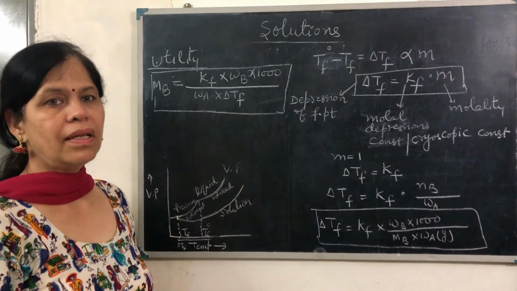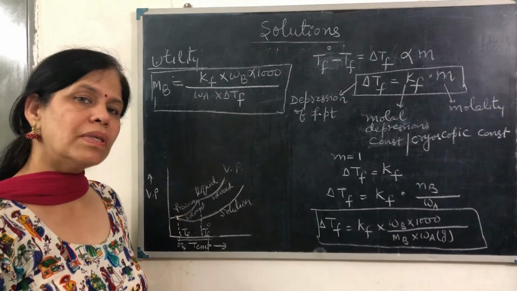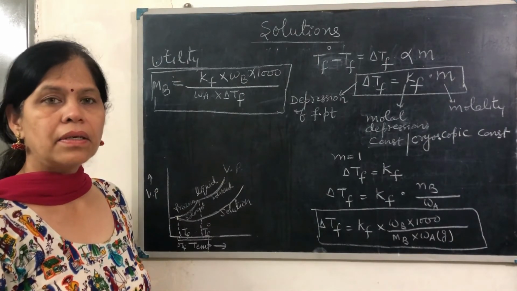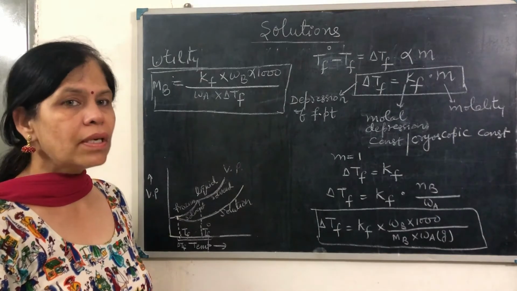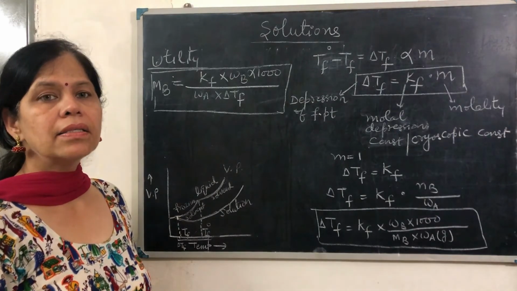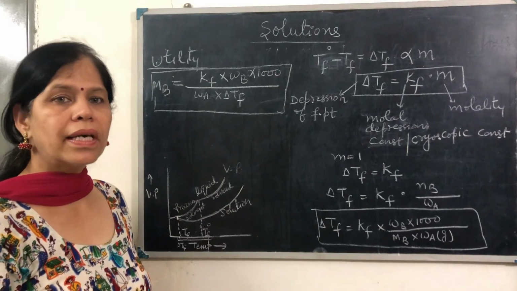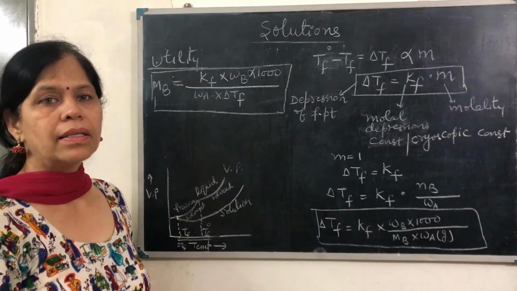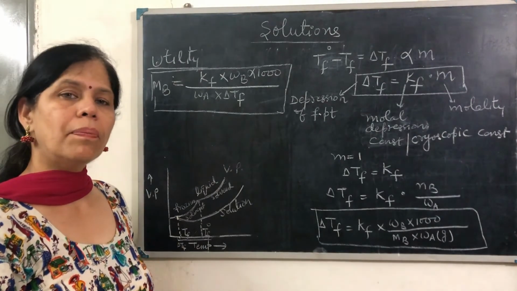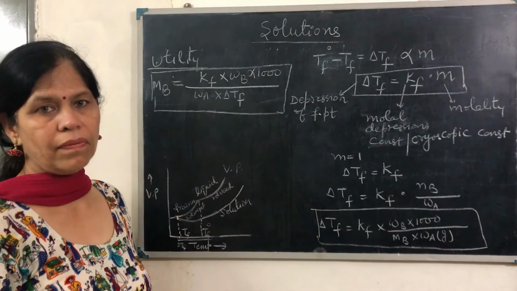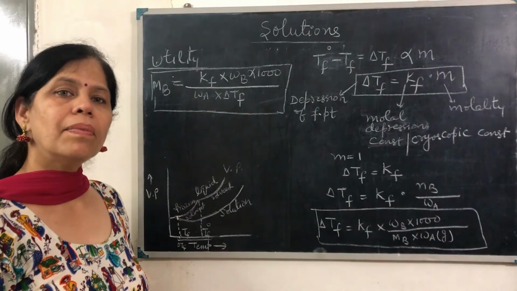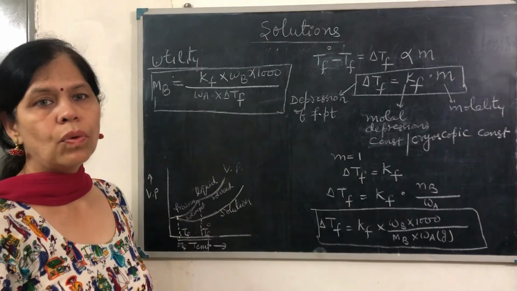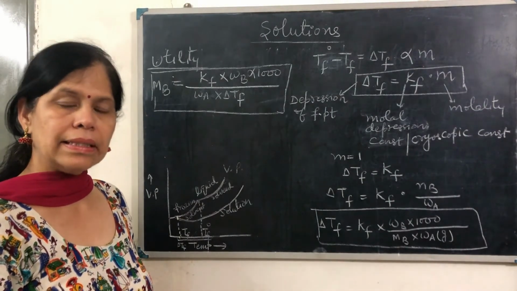Then we also discussed the second property, which is elevation of boiling point of solvent, used in our kitchen while cooking, and it is delta TB is equal to KB into molality of solution. And the third colligative property is depression of freezing point of solvent. It is applicable in hilly areas to melt the snow during snowfall season.